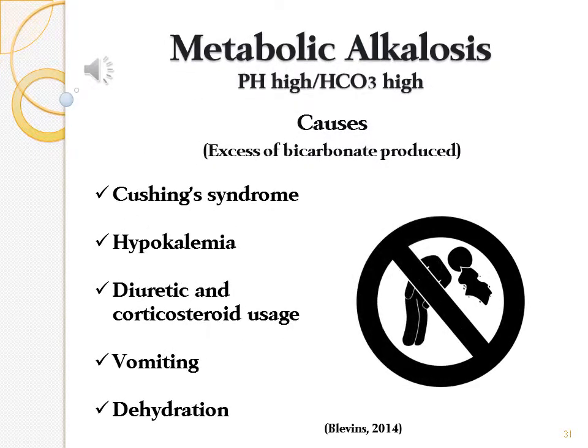Metabolic alkalosis: your pH is high, your bicarb is high. This is caused by excess bicarbonate produced by the kidneys. This could be caused by Cushing syndrome, hypokalemia, diuretic and corticosteroid usage, vomiting, and dehydration.